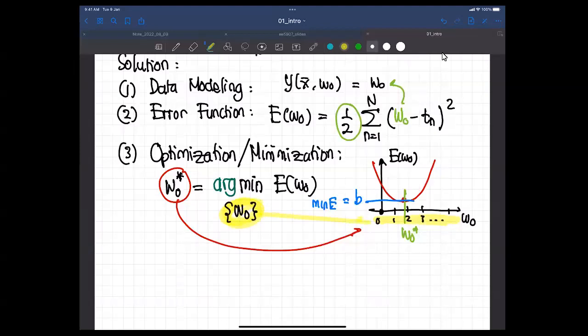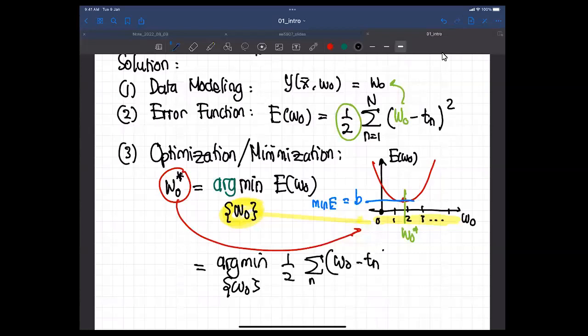So this is the mathematical language that we really have to understand. So now let's get back into this. We want to have argument mean of E(W0), which is argument mean over W0 of 1 over 2 sum over n of (W0 minus dn) squared.